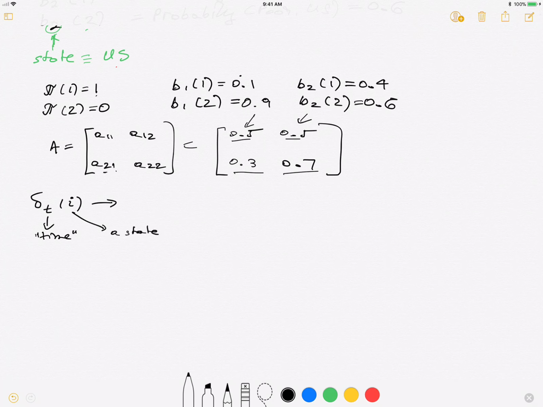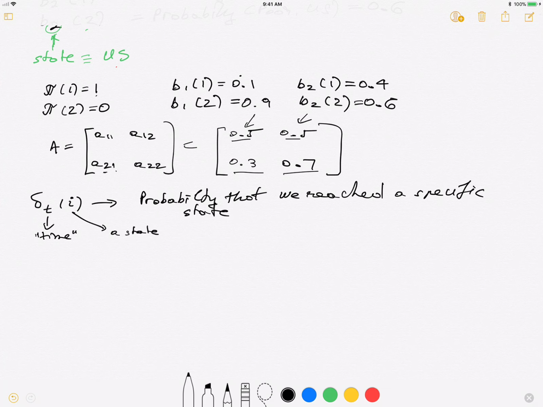So what could this probability be? Sorry, mistake.